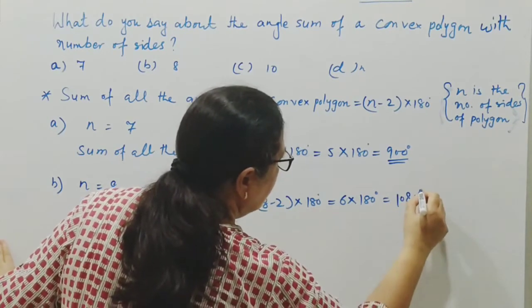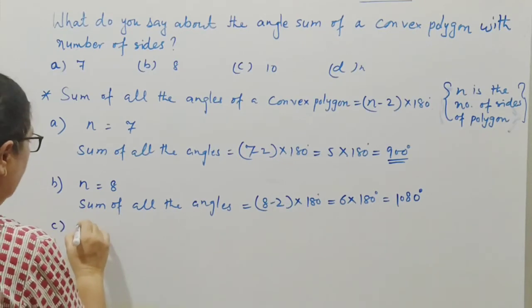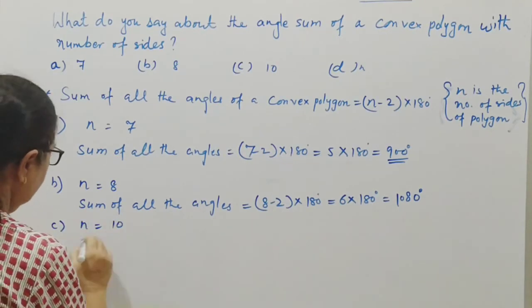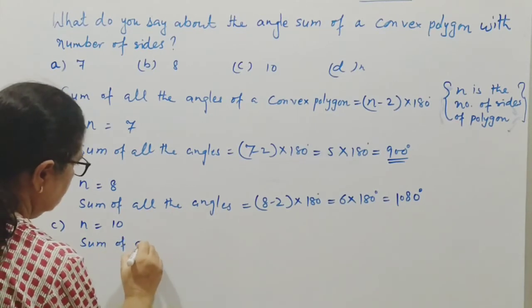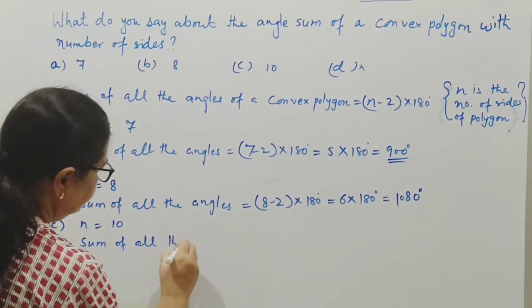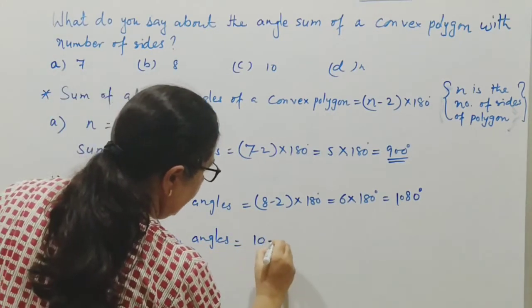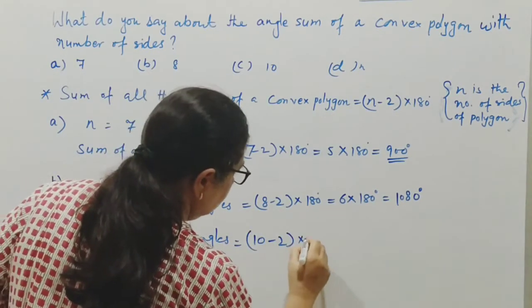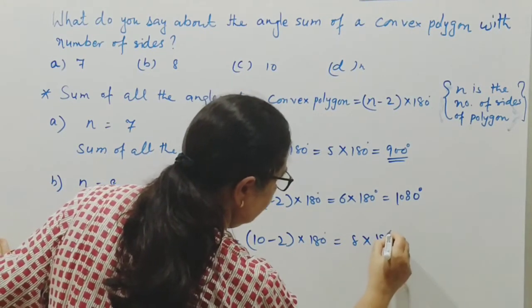So it is 1080 degrees. Now C part, for n equal to 10, the sum of all the angles is equal to 10 minus 2 into 180 degrees. That is 8 into 180 degrees.